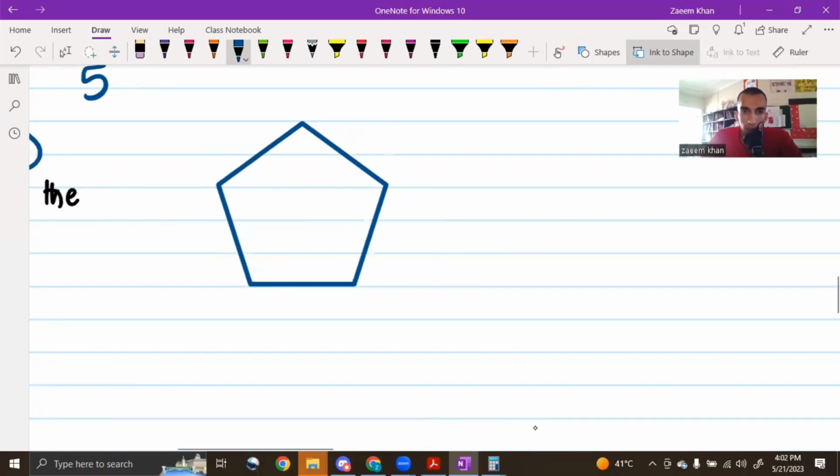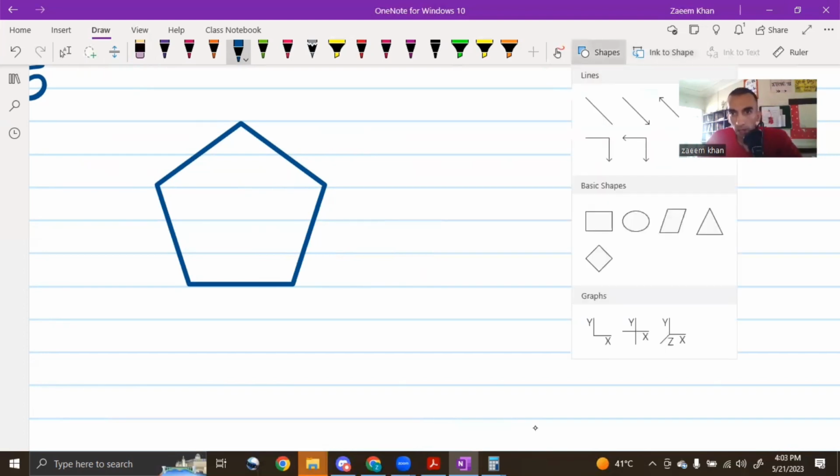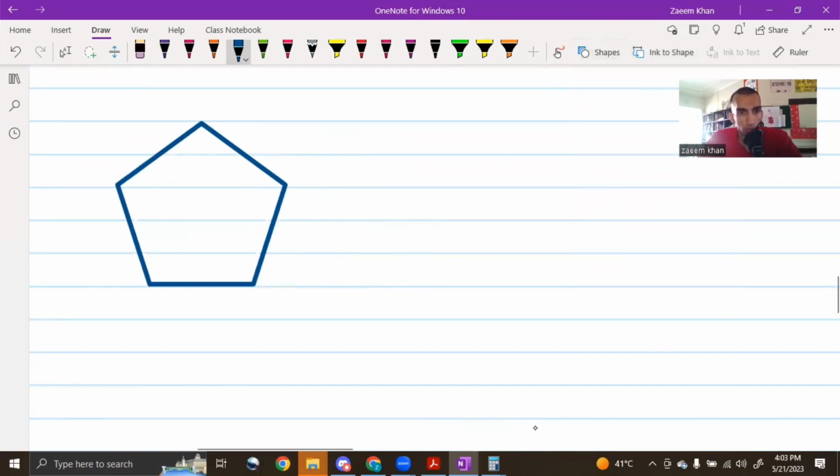How many sides does it have? 5. And they all happen to be equal to each other, right? This side is equal to this, they're all equal to each other. We can also draw a pentagon which looks like this. It also has 5 sides, but is it regular?